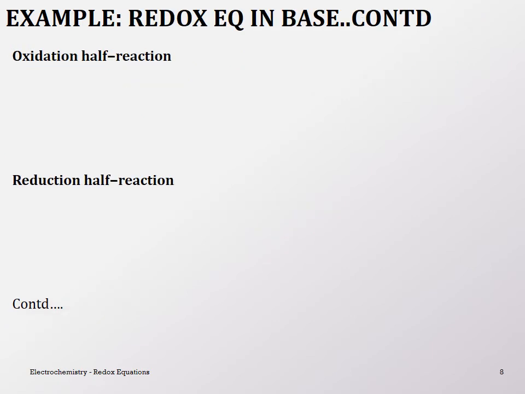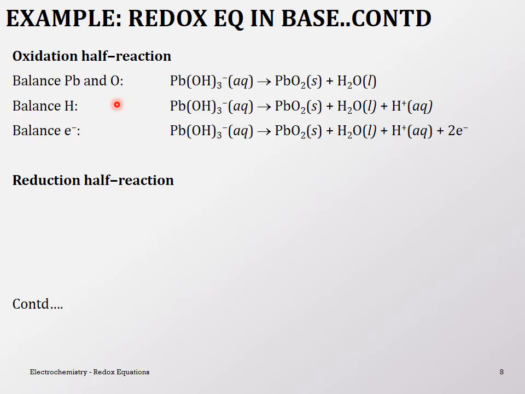So we're going to break down the equation into two redox equations, the oxidation and the reduction. Let's look at the oxidation first. So we balance out the lead and the oxygen. Lead here is going from lead hydroxide ion to lead oxide, and so lead is already balanced out.